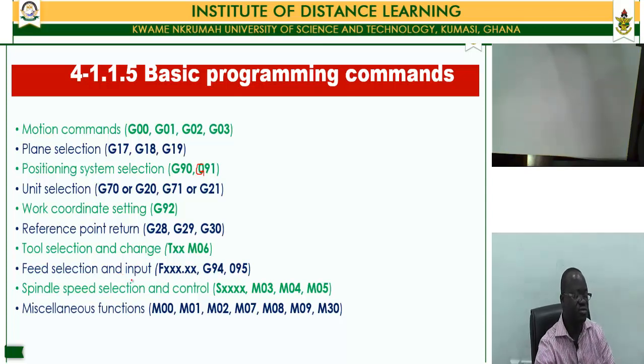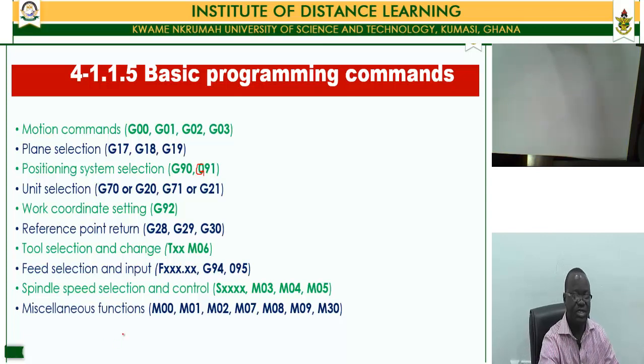So if you issue an M06 command, what you need to do next is to issue a tool change command, so you have to show the tool number, with the tool being changed from T1 to maybe T2 or whatever. So you put the tool number that will be needed.